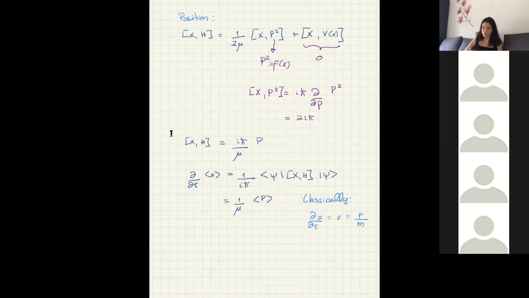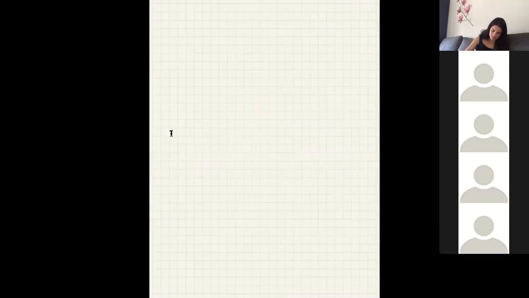Which is one of the reasons why we call p the momentum of the wave function: when we look at how the position varies over time for a Hamiltonian that we think corresponds to a standard Hamiltonian, then we get the momentum as the answer. Okay, so now let's see how the momentum changes.